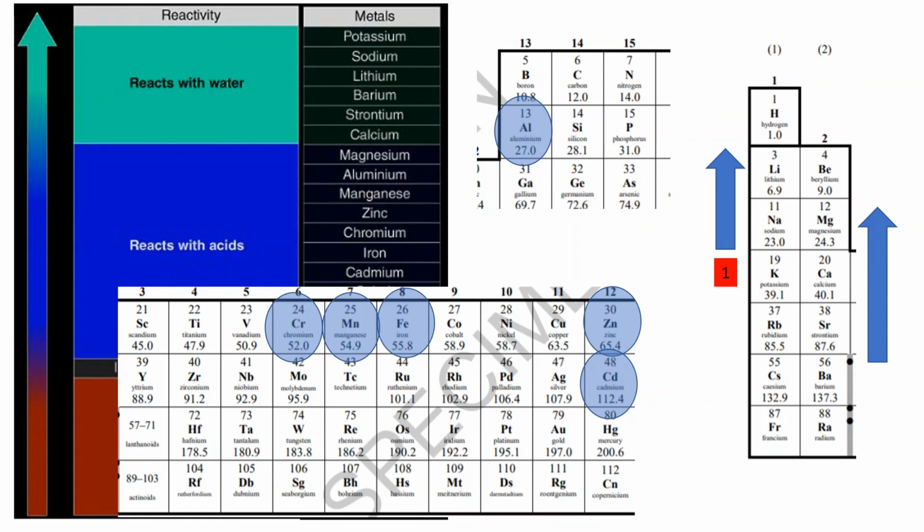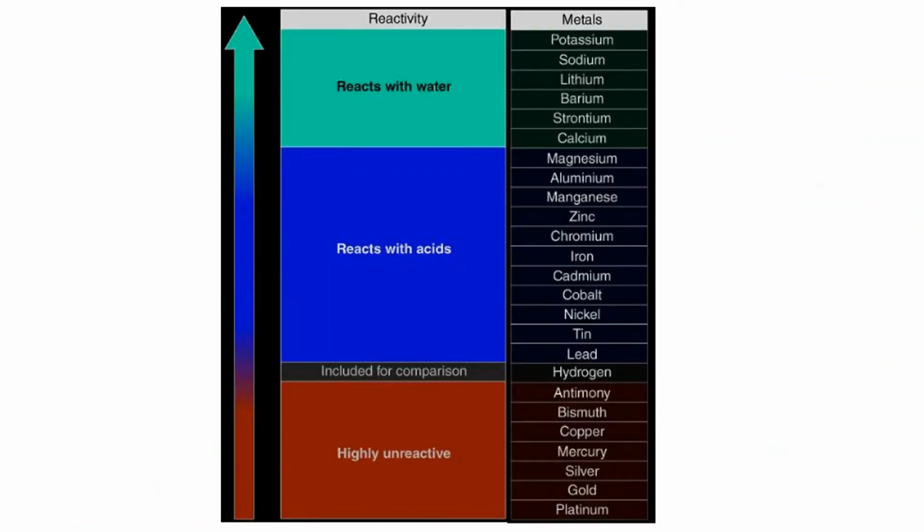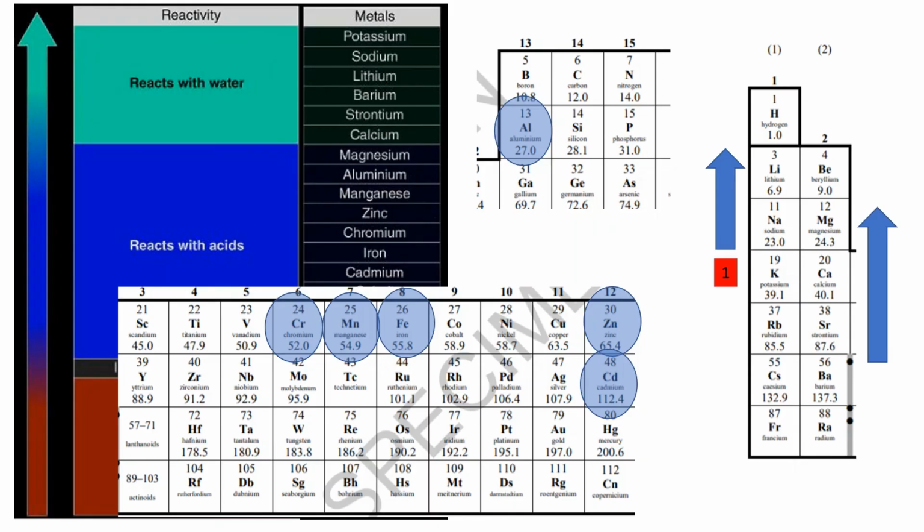So potassium is the most reactive, then sodium, then lithium, and then it goes into group 2, where it's barium, then strontium, calcium, magnesium, and then it goes into aluminium. Aluminium is in group 3 or 13, and then after aluminium it goes into manganese, zinc, chromium, iron, and cadmium, these are all in the transition elements.